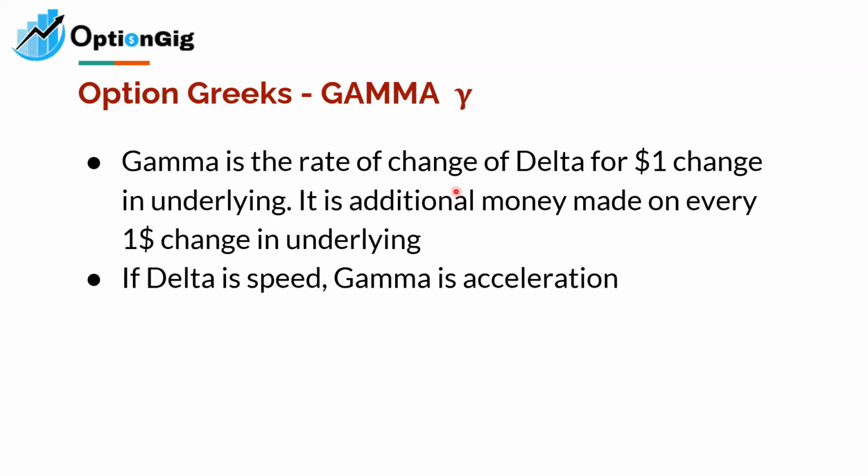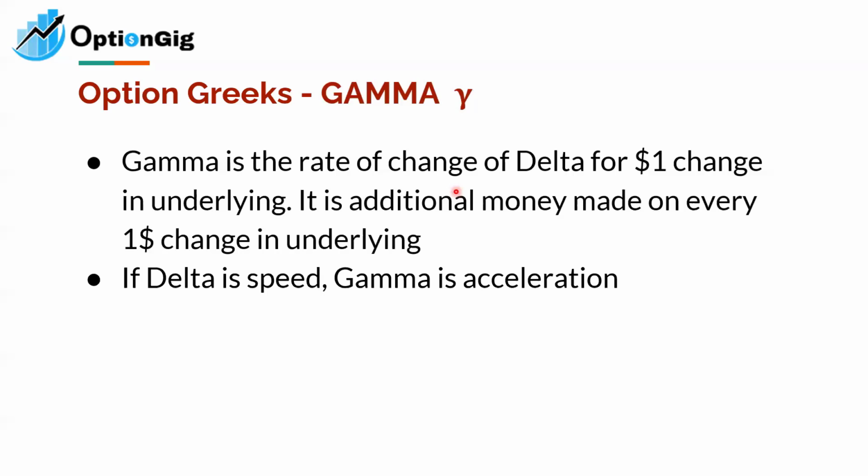For now, I think this is enough from a gamma perspective. I'll talk about the use of gamma in the next section. That's why I have to give a little hint of what gamma is. If gamma is high, it means delta changes really, really fast.